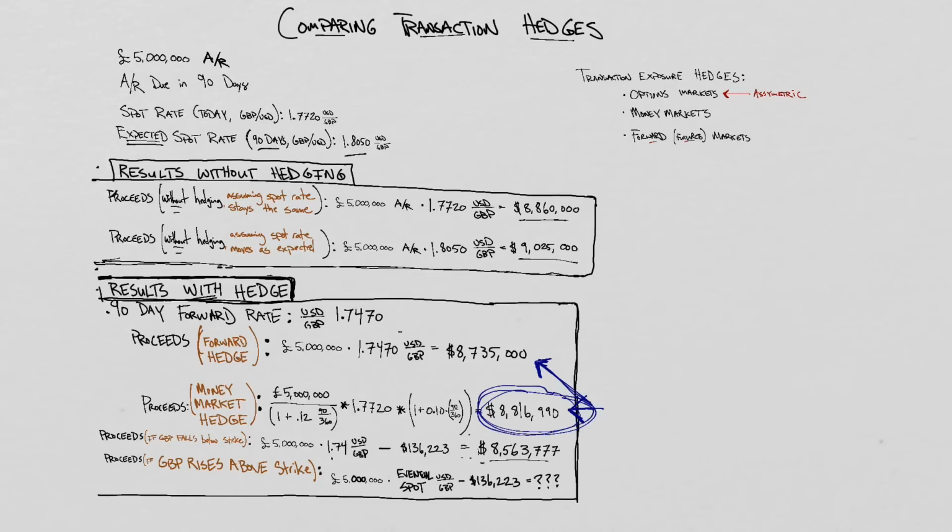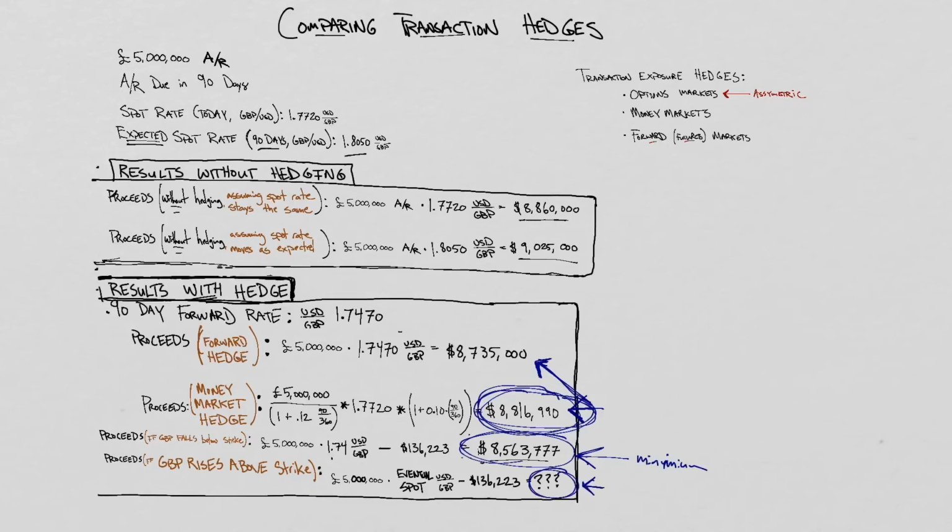But the tricky part is whether we should select the money market hedge or the put option hedge, because this is the minimum amount with the option hedge. I know I'm going to get at least this much, but I really don't know what the maximum amount is going to be.